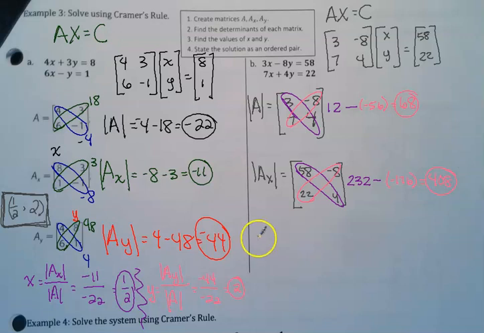All right, one more here. Do the determinant of A sub y. This time we keep the first column, the 3 and the 7, and we replace the second column, that y column, with our constants, the 58 and the 22.